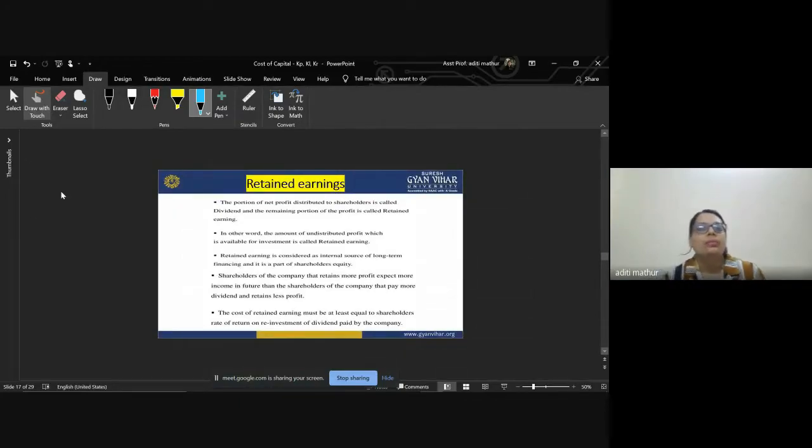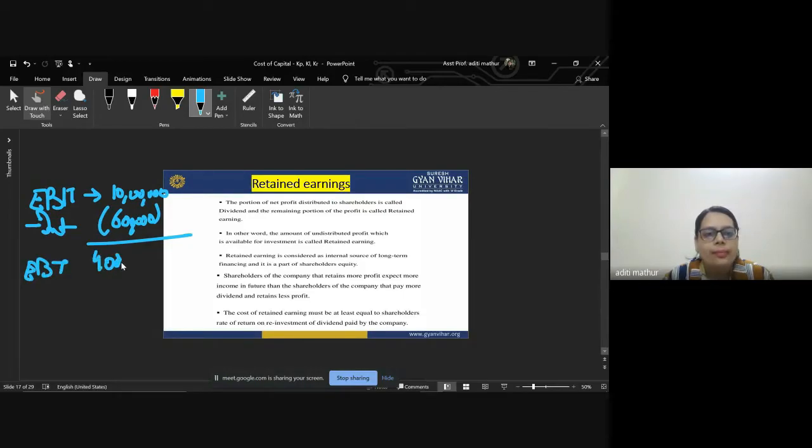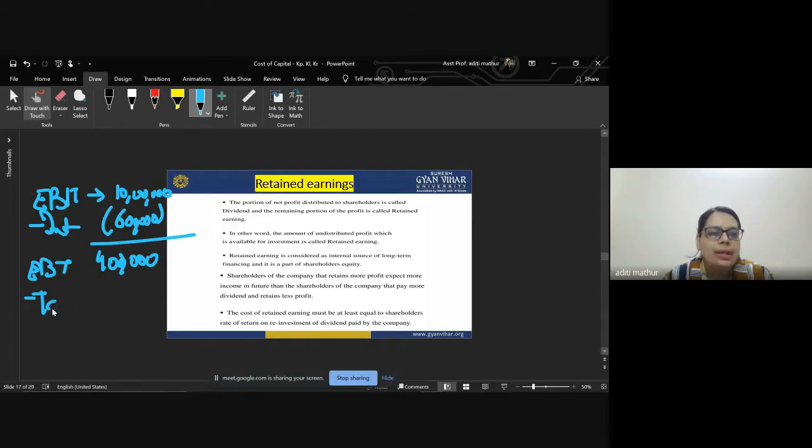Let us assume a company has EBIT of 10 lakh minus interest of 6 lakh rupees. So their EBT is 4 lakh. They fall under the tax category of 50%.